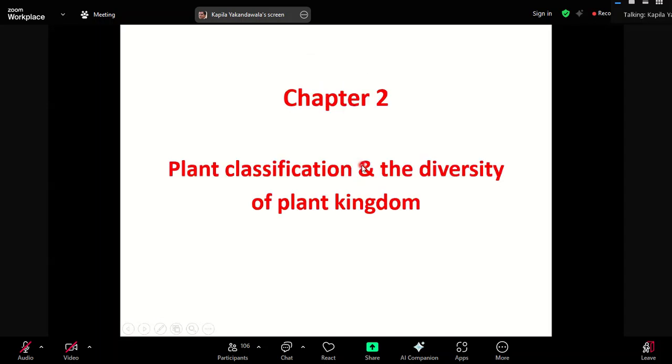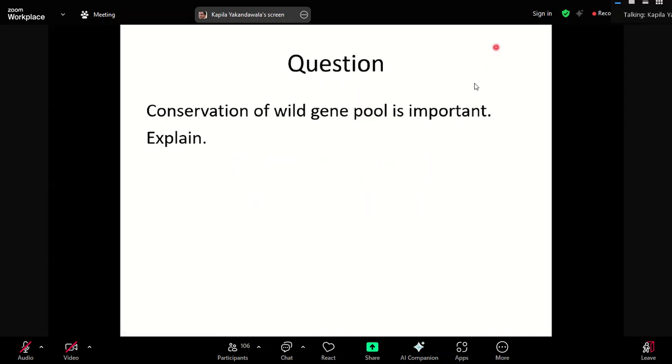Okay. Before I move to the second chapter, I will summarize the first chapter, very easy. You have to remember only these things. If I ask what are crop wild relatives, you should be able to answer. Then what is domestication? You should be able to answer. Then thirdly, importance of conservation of crop wild relatives or wild gene pool.